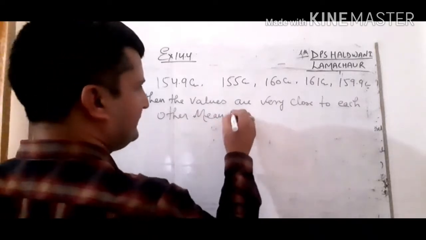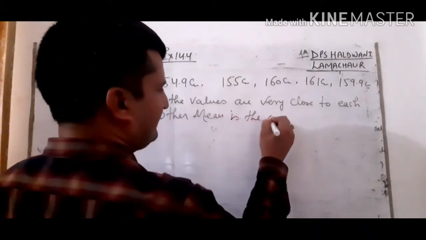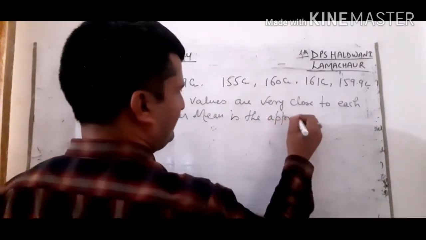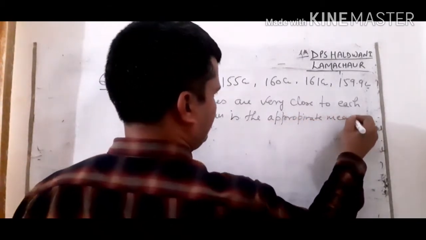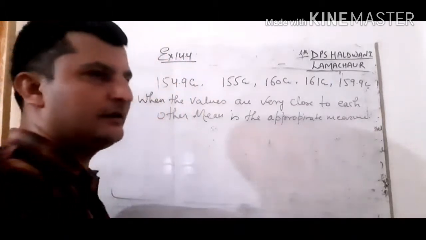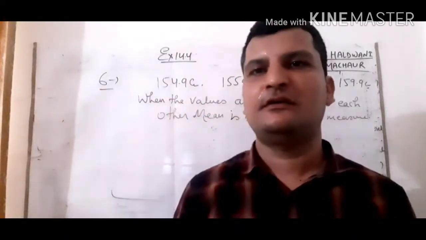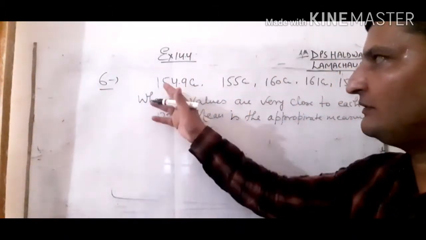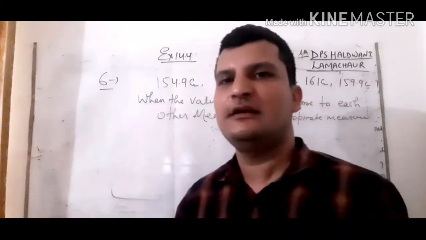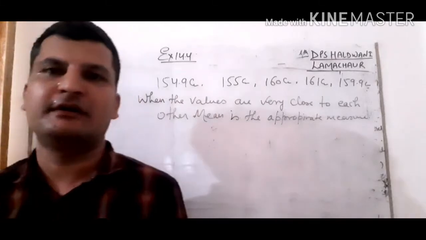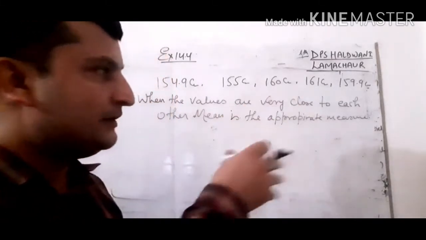Students, you can understand that when the values are close, we can find the mean, because when we add 154.9 plus the others, we will get an appropriate answer, a value between these numbers.